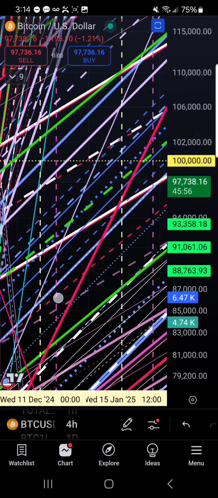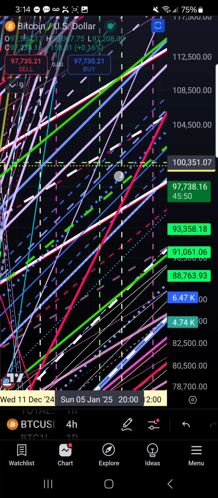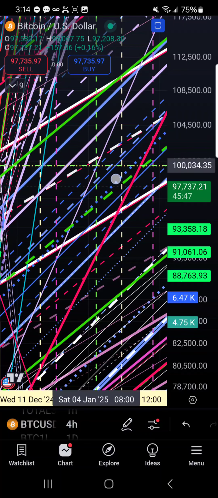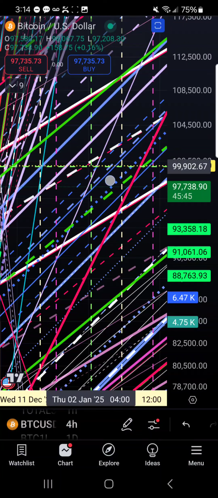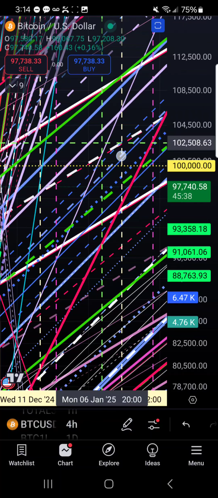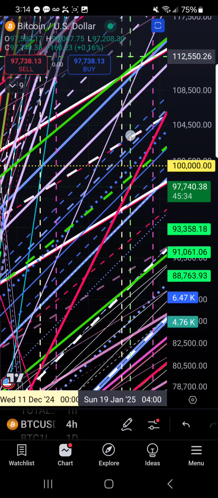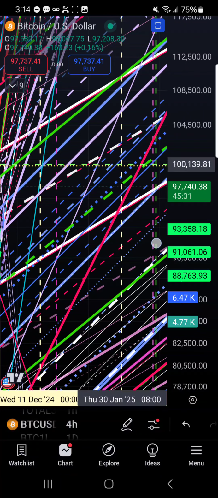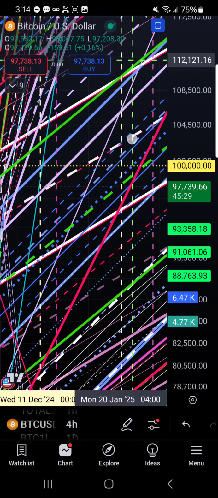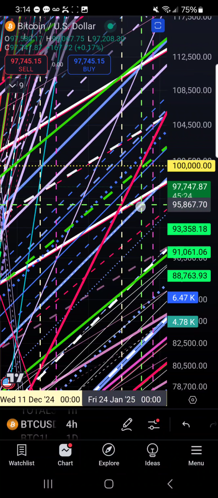Totally opposite of what I'm thinking, unless we get the breakout at the very end of the year, or the very beginning of January, right here. The last few days of the week, Wednesday, Thursday, Friday. We shoot up and then come back down and retest it. We might shoot up, everybody takes their profits, and we come back down and retest it.